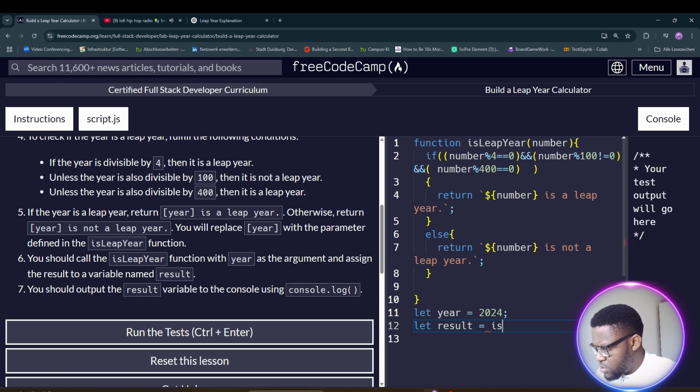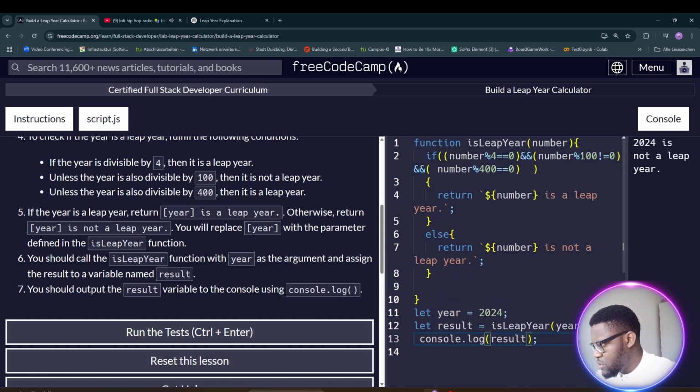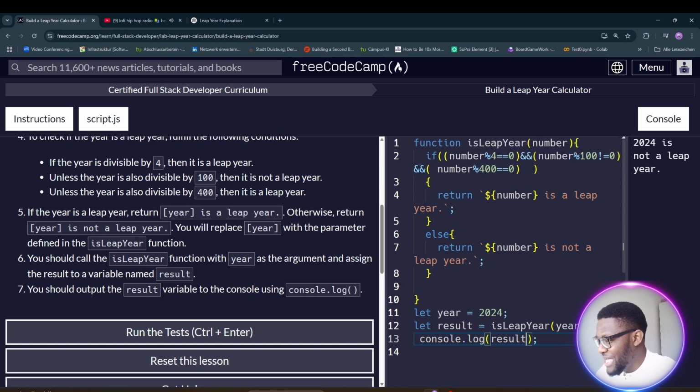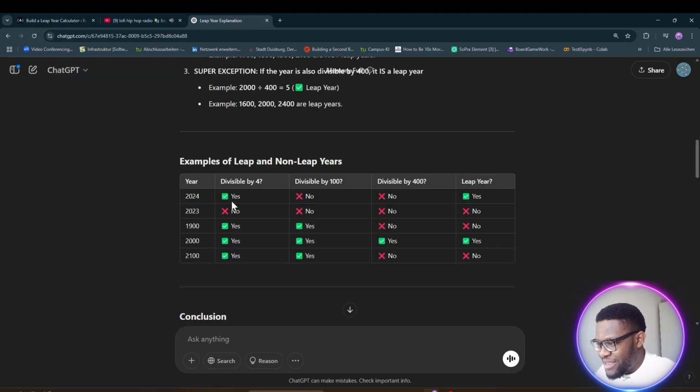The variable isLeapYear, always using camel case. 2024 is a leap year. It's not a leap year. I made an error. It's a leap year.